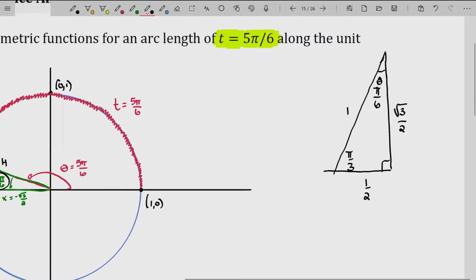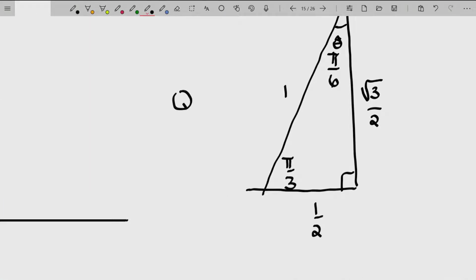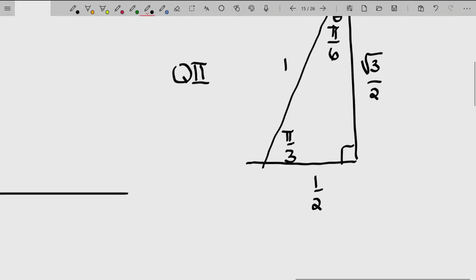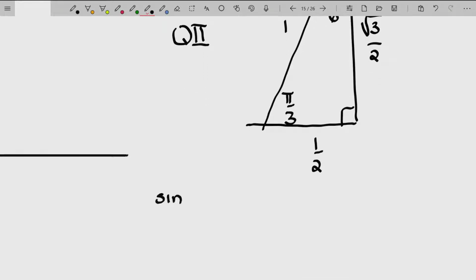Without even looking at our unit circle, other than knowing that we're in quadrant 2, I would say our reference angle is pi over 6. So sine of 5 pi over 6 is almost the same as sine of the regular old reference angle of pi over 6. We just have to worry about the quadrant.